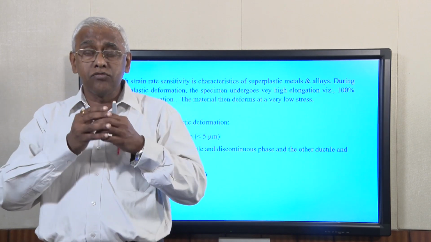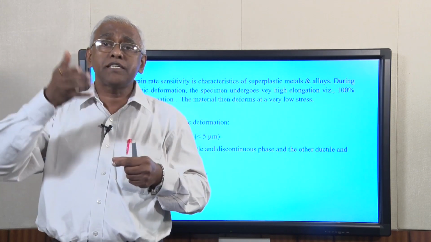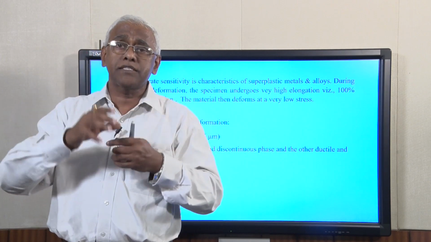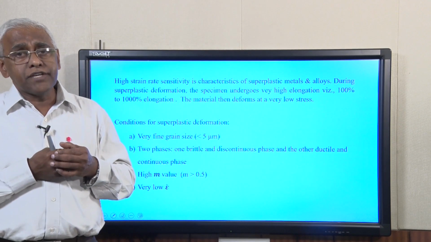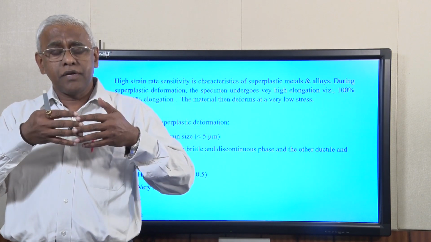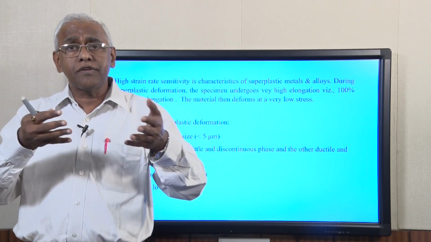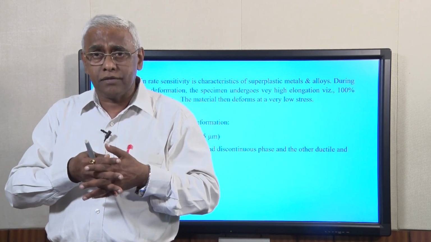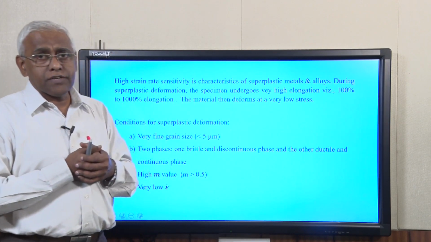Under that condition, you will find that the flow stress is very much less, 1/10 or 1/15 of the actual case at room temperature. So, you may be able to deform even ceramic materials at a higher temperature at a flow stress of maybe 10 or 12 megapascal. That is the beauty of superplastic deformation.